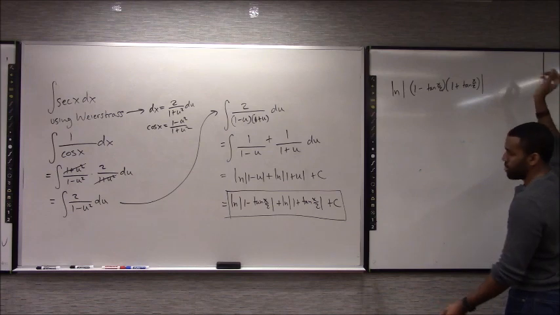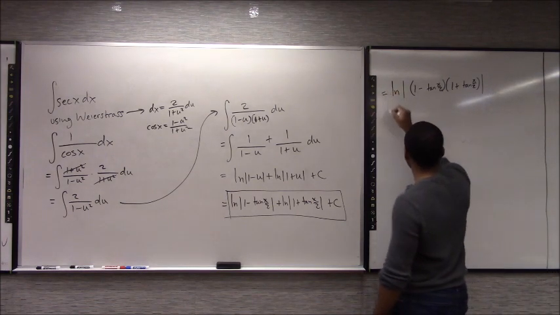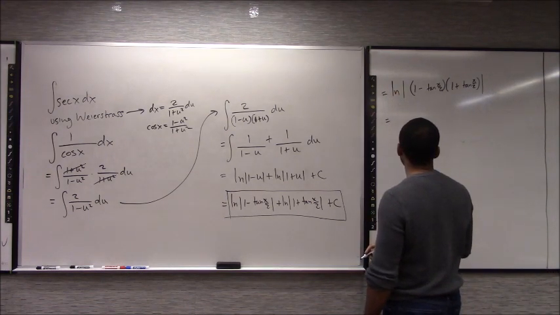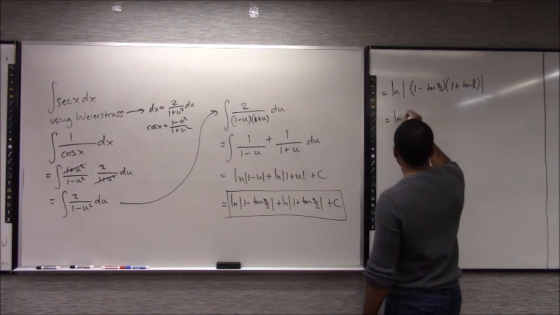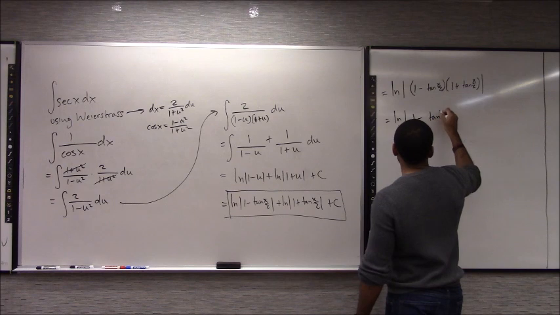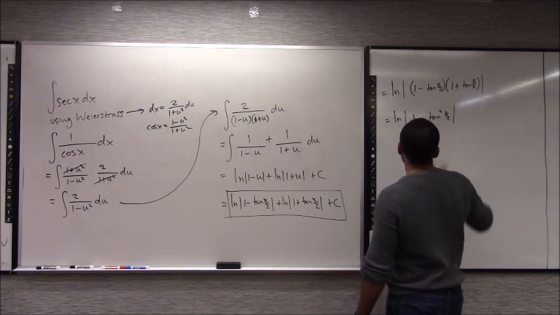Of course, there's a plus c, but forget about the plus c. Where would you go from there? That's a difference of squares. So this is actually 1 minus tangent squared of x over 2.